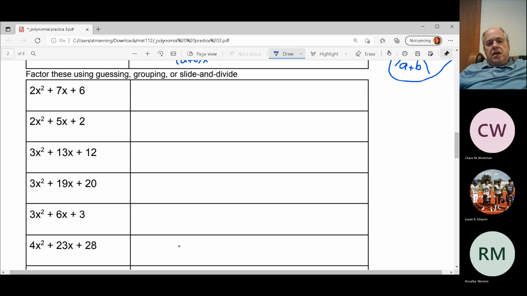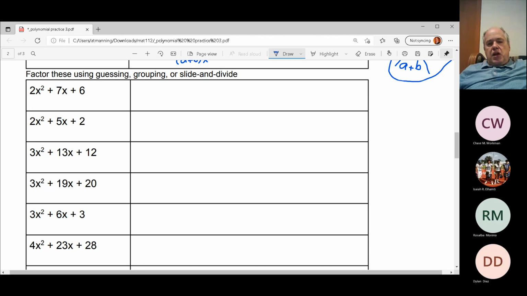It's not as nice as x squared by itself, and then I could use my magic X. I'm going to have this being two things that added together give me 7. Let's just try 2x squared, let's try plus 4x plus 3x plus 6.